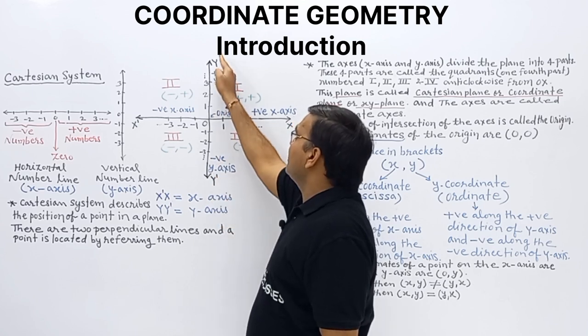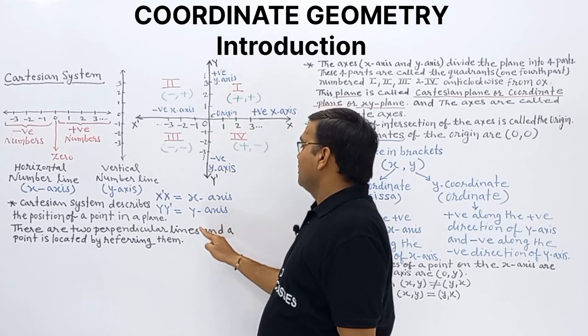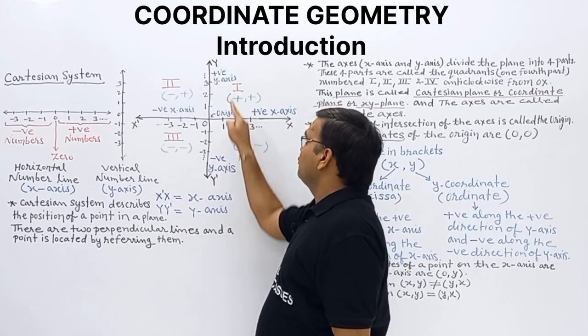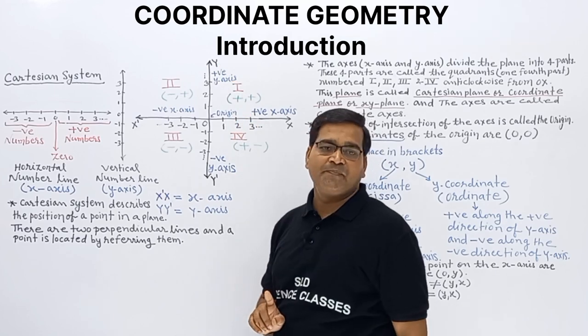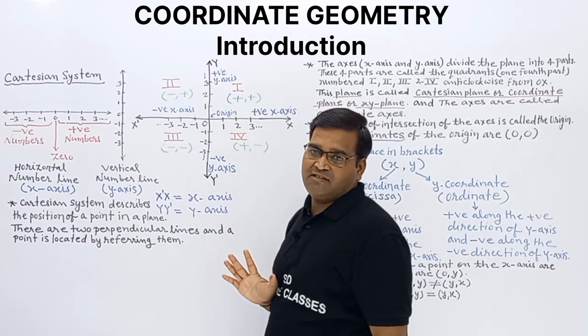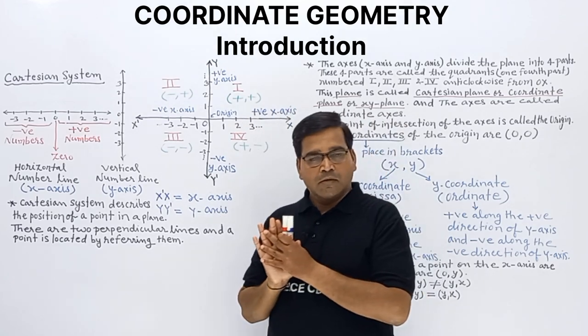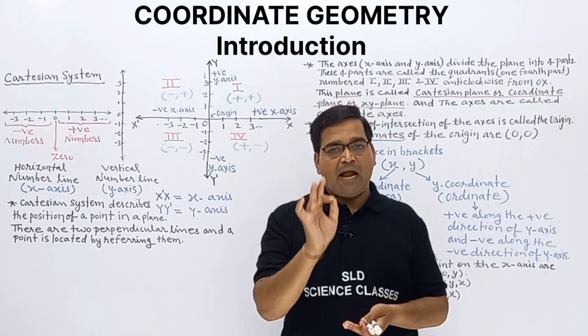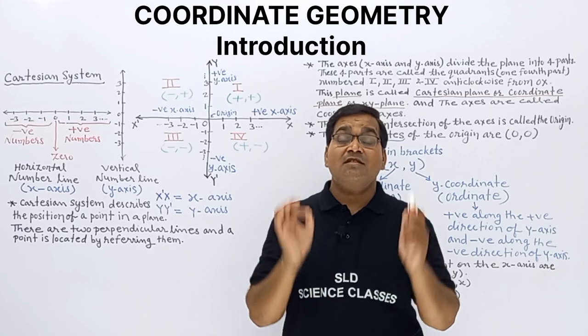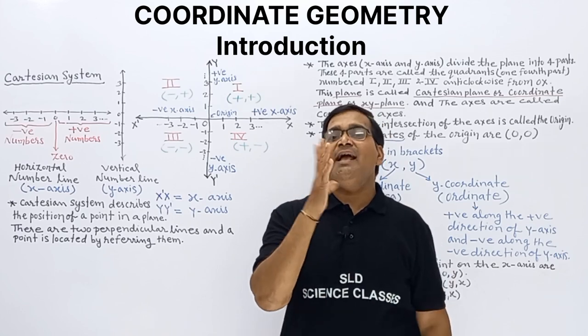And the vertical number line will be Y dash, the Y-axis. So we can say we draw this Cartesian system, and this system has two axes.